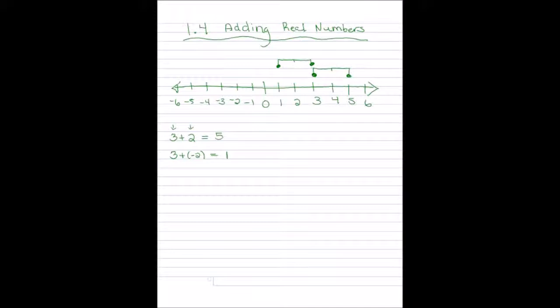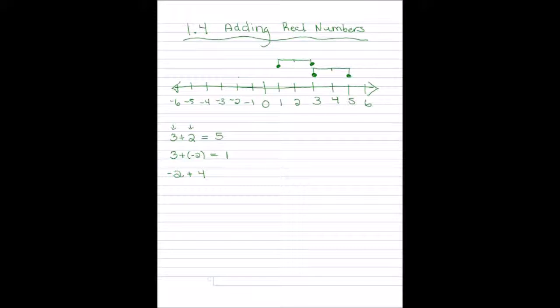Let's look even further. Let's start with a negative number. Let's say -2 plus 4. -2 plus 4. So my starting point is going to be at -2.